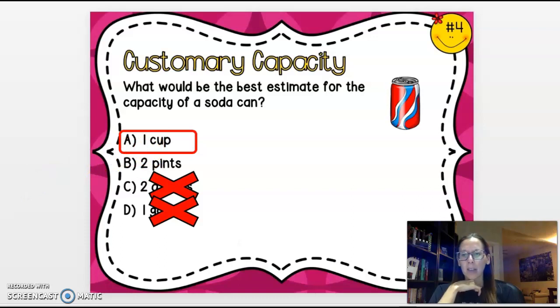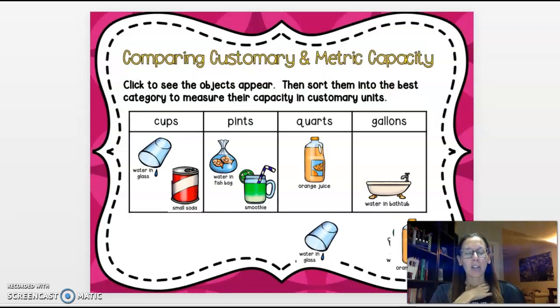Okay? And then here, if we look at the objects, we're going to sort them into the best category. Again, I've already done this for us just to save on time. So for cups, that would just be your regular cup of water, a small can of soda. For pints, if you go to the pet store, and they give you your fish, they want to put them in a bag.